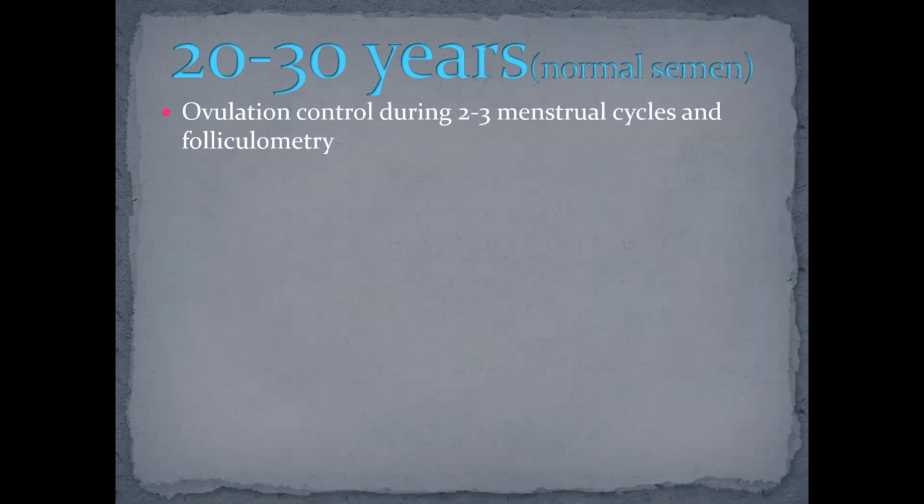Also, there are some protocols for couples depending on age. At 20 to 30 years, with normal semen analysis, the recommendation is ovulation control during 2 to 3 menstrual cycles and folliculometry.